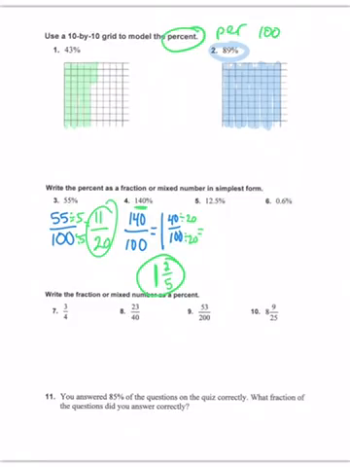Okay, next problem gets a little bit trickier because we have a decimal involved. In this problem, we read it the same way, 12 and 5/10% or per 100. So we're going to write that 12 and 5/10 over 100. But now I can't have a fraction with a decimal in it. That's not considered simplified. So I have to first get rid of the decimal. By multiplying by 10, it will help me move my decimal place.